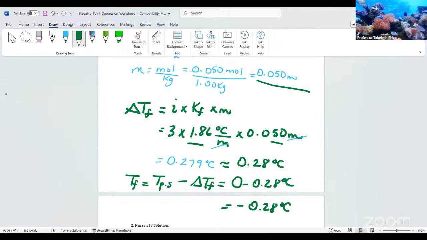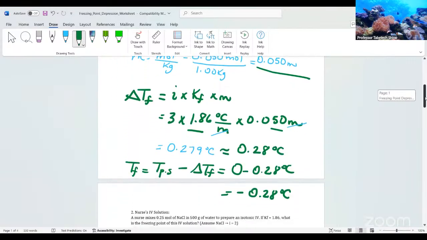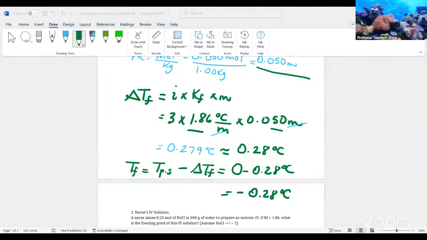That checks out to what was given in our problem. That negative 2.48 degrees Celsius. Hold on, scratch that part of what I just said. Our final answer, excuse me, becomes negative 0.28.